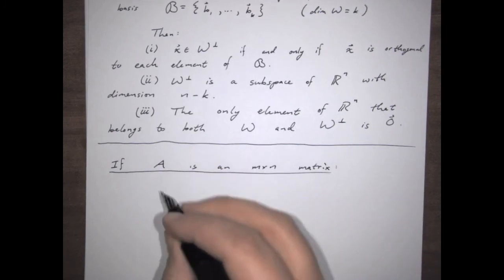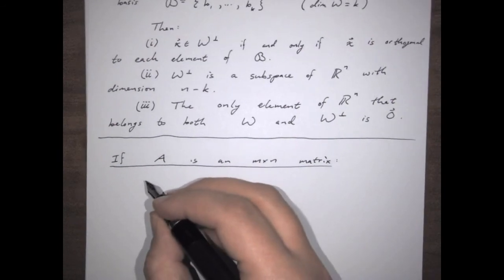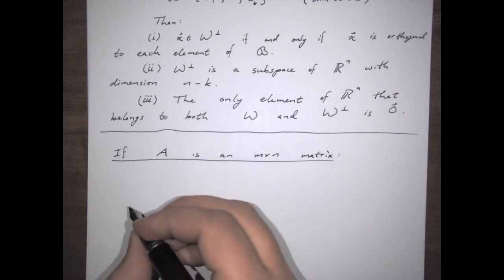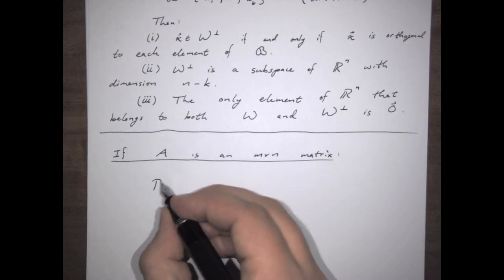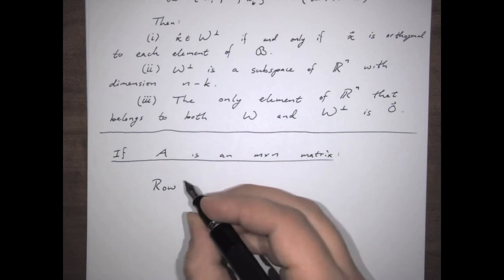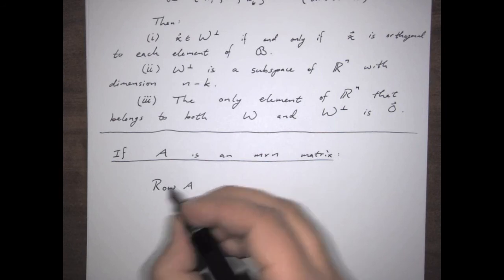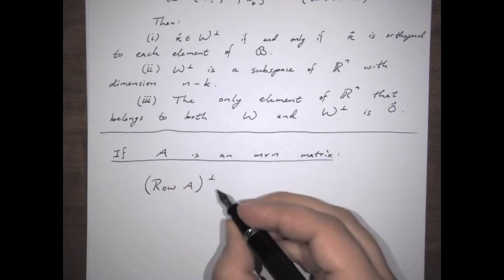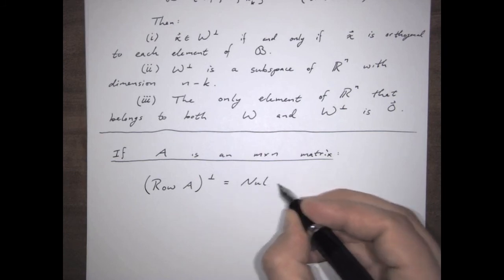So we can spell out more directly certain relationships between the vectors of the null space and the vectors of the row space. In particular, the row space of A and the orthogonal complement thereof. So the orthogonal complement of the row space of A is equal to the null space of A.